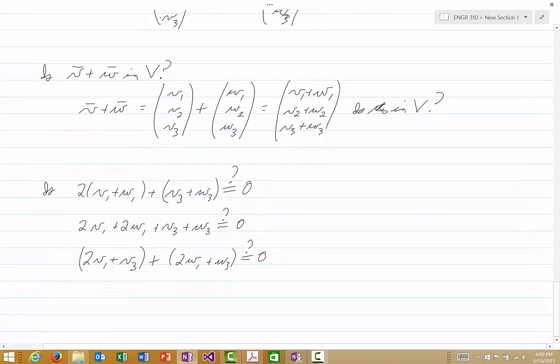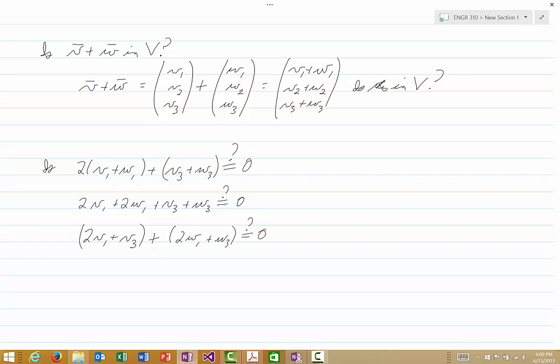And since the vector little v is in capital V, it must be the case that 2v1 plus v3 is 0. And since the vector w is also in V, it must be the case that 2w1 plus w3 is equal to 0. And so the question becomes, is 0 plus 0 definitely equal to 0?